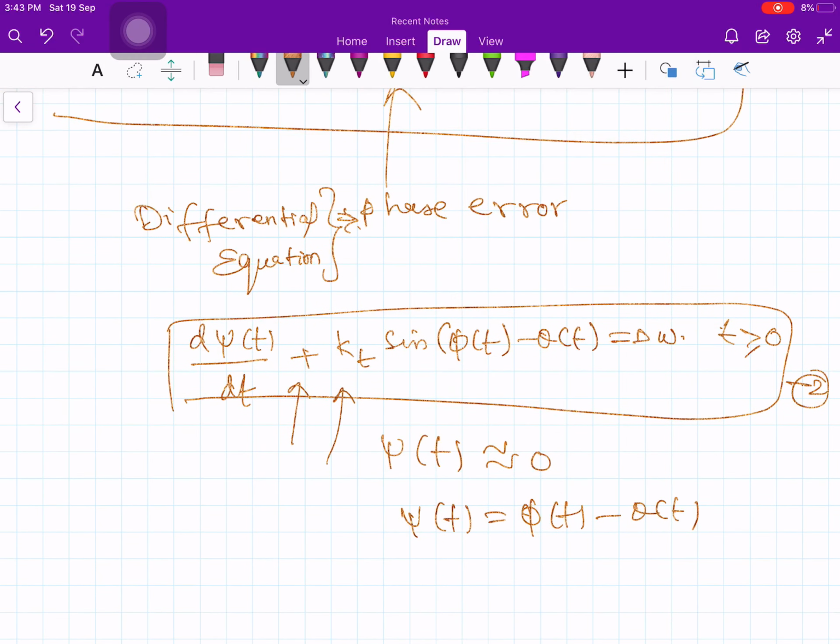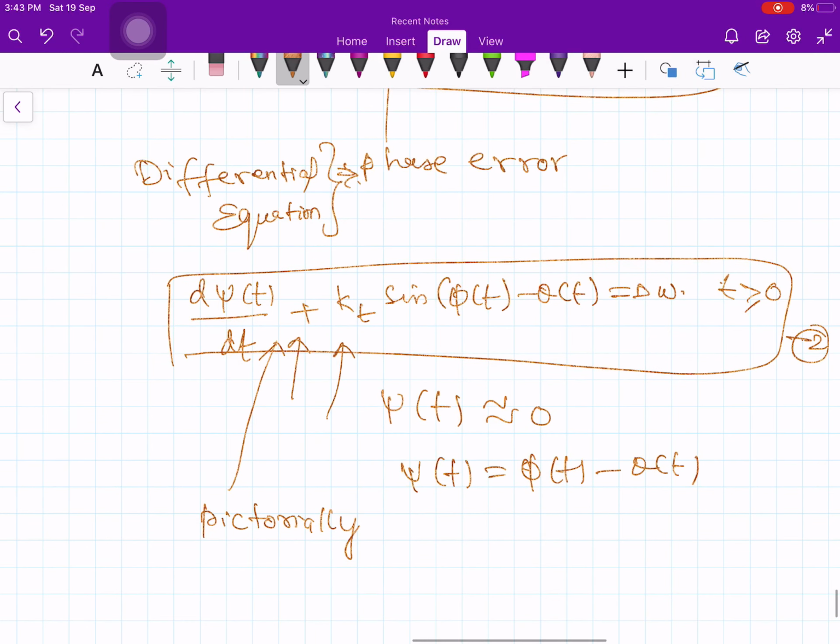Now when you want to study a non-linear differential equation, one physically appealing way is to represent the behavior of this equation pictorially in a diagram called a phase plane plot. So we would like to try to understand and study this through a device called a phase plane plot.